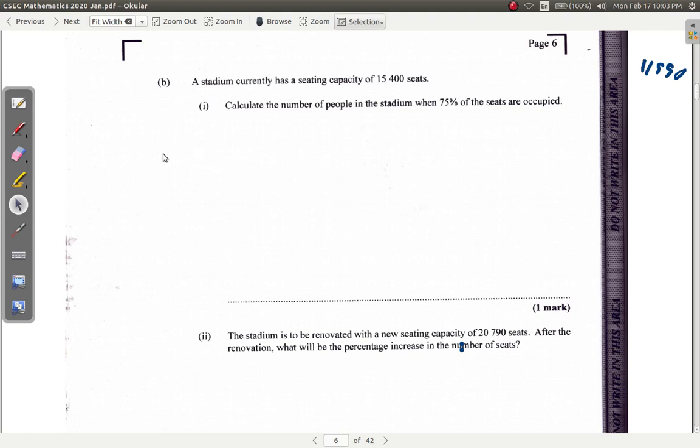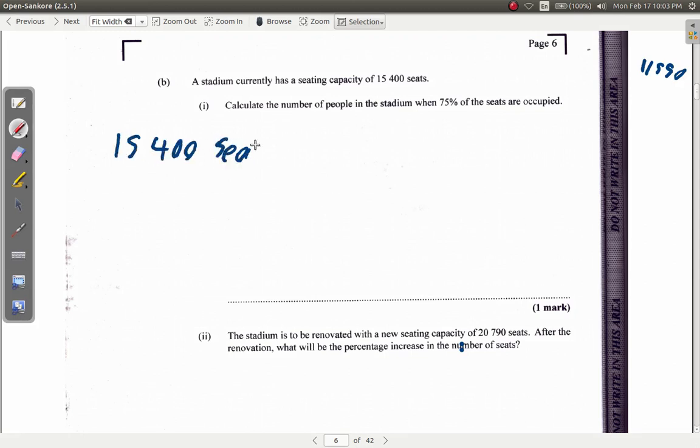You started out with 15,400 seats, and after the renovation you have 20,790 seats.